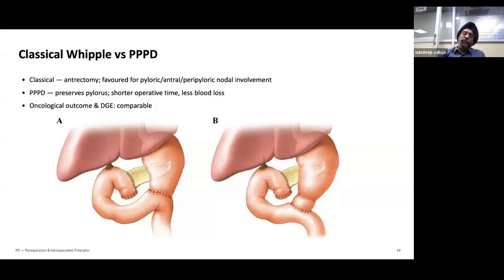But there was increased incidence of DGE, which is comparable at certain centers. The long-term benefit of duodenal preservation was better nutritional status in these patients. However, this was negated by the presence of DGE. That is why people thought we would preserve a little more of the stomach. These are all comparable, so you should know the differences and study them in more depth. Continue.